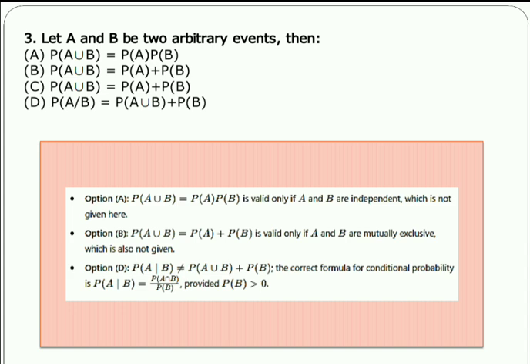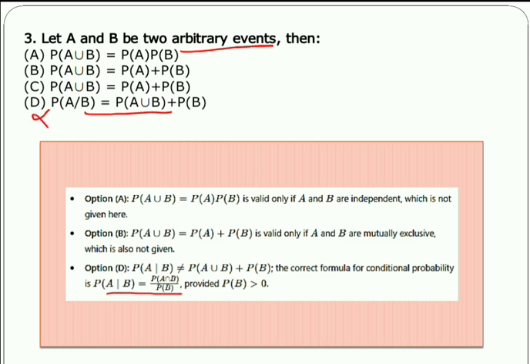And option B, P of A union B equals P of A plus P of B, is also valid only if A and B are mutually exclusive events, which is also not given in the question, right? And option D here. So option D is P of A by B equals P of A union B plus P of B. The correct formula for conditional probability is P of A by B equals P of A intersection B by P of B. Okay, so this one is wrong.